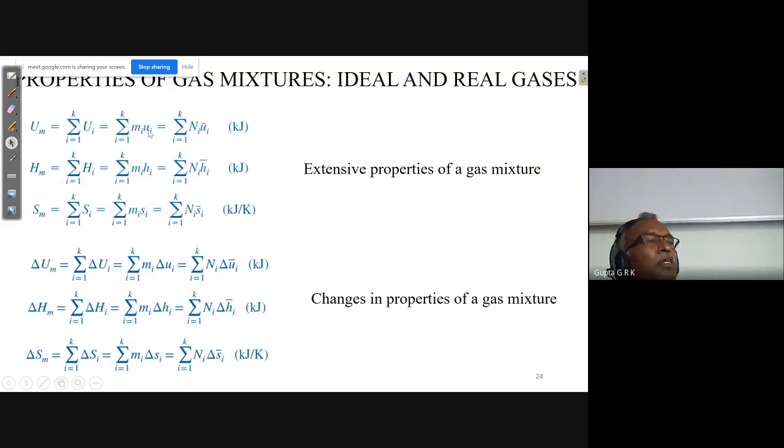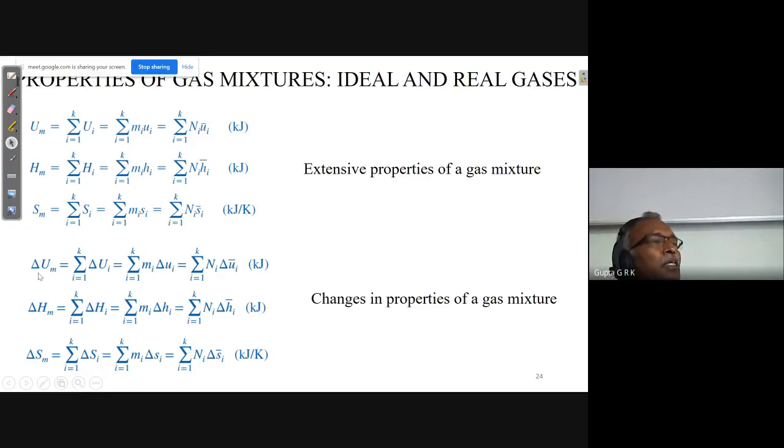So this is kilojoule per kg. This is kilojoule per kilomole. So Ui bar is kilojoule per kilomole, and if I multiply by Ni, I will get kilojoules. So that is the way I can find the extensive properties of the mixture, which is nothing but the sum of the extensive properties of the individual components.